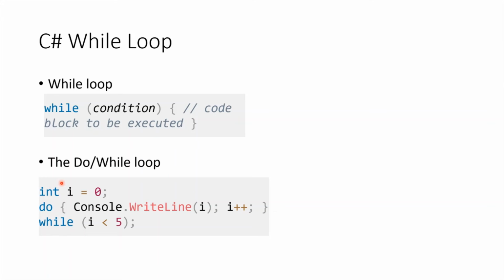So you start here, int i equals 0, and Console.WriteLine(i), and then i++, so you're changing the value of this i, and then you continuously check the value. That means if i is less than 5, then you do this loop. If it's not less than 5, then you go out of the loop.